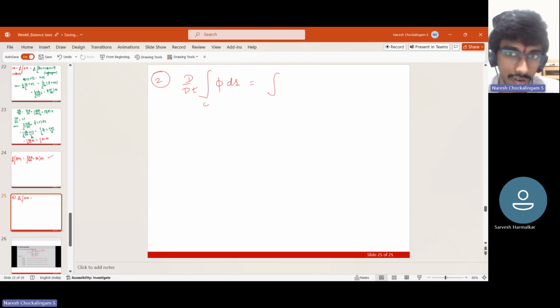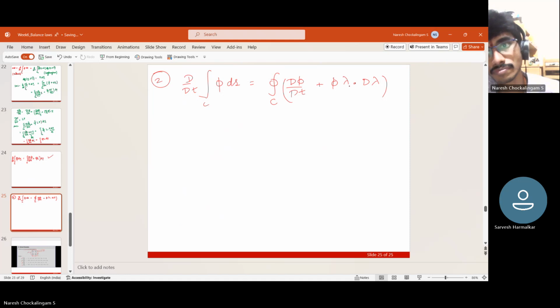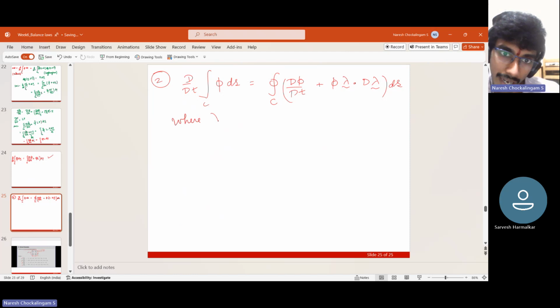Prove that this is equal to the integral over C of d phi by dt plus phi lambda dot d lambda by ds, where lambda is the unit vector along the curve.